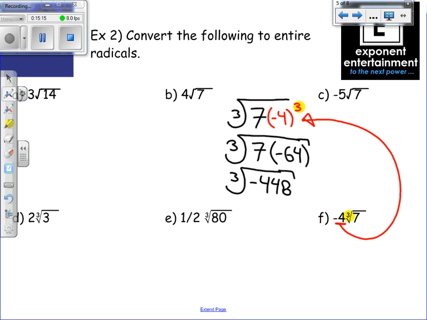Because it's possible to multiply 3 negative numbers together and get a negative product. We couldn't do the square root of negative numbers because there's no combination of two identical numbers that would multiply together to give you a negative number. That concludes converting mixed radicals into entire radicals.